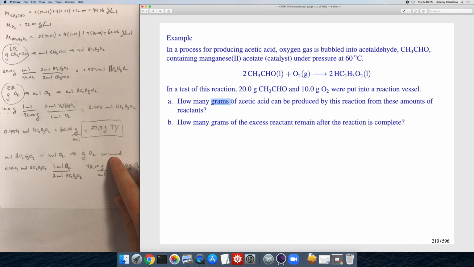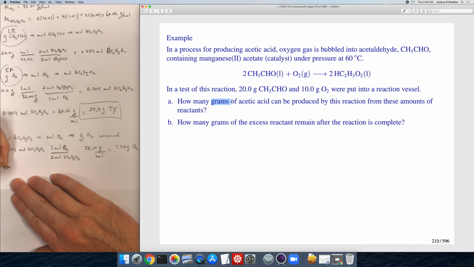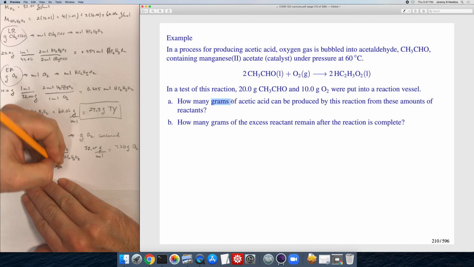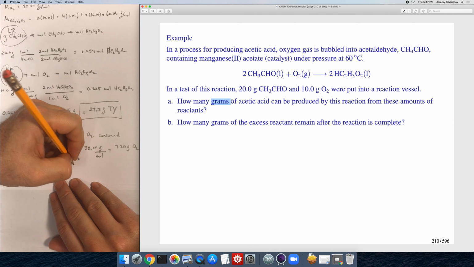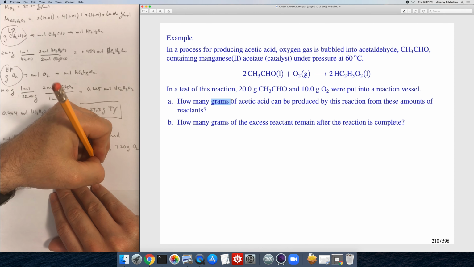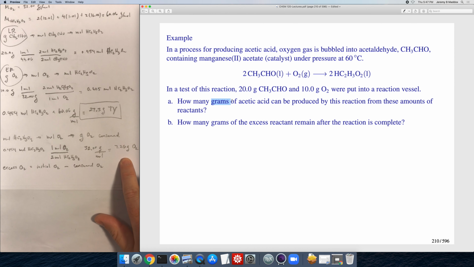To get the amount of oxygen in excess, the excess O2 will be the initial O2 minus the consumed O2, which is what we just calculated.